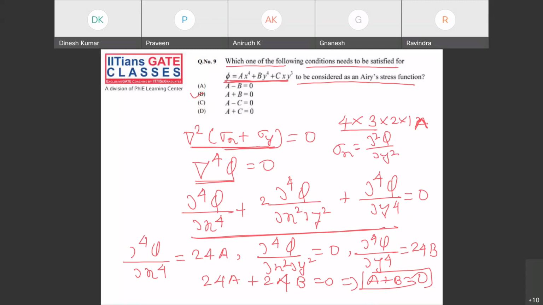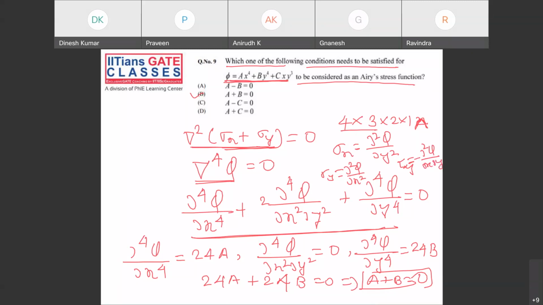Sigma y is dou square phi by dou x square. And tau xy is minus dou square phi upon dou x dou y.